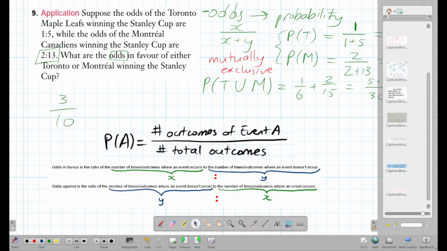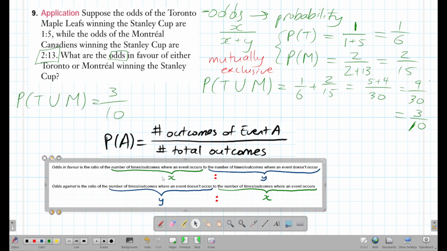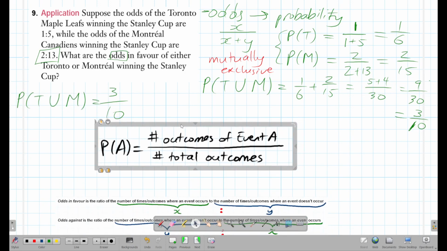We remember the fundamental equation of probability, which is this. I think you might all be sick of seeing this, but I don't care. You cannot be sick of seeing this because you need to know it. When it comes to probability, you can never get away from this equation.